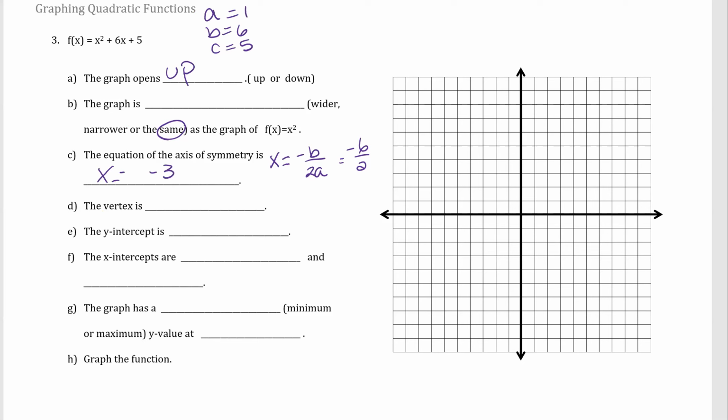To find the vertex, we find f of negative 3. We substitute in negative 3 in the function, we get negative 4. To find the y-intercept, we set x equal to 0. To find the x-intercept, we set y equal to 0.